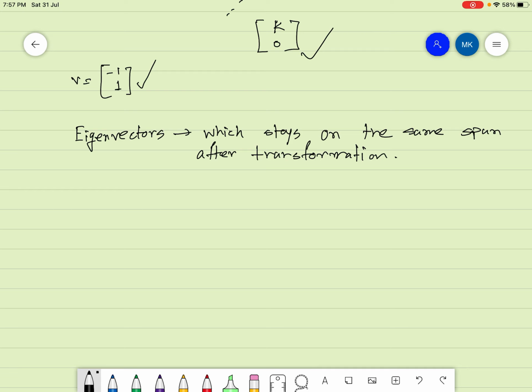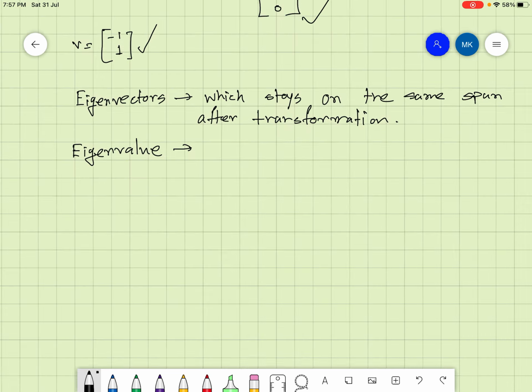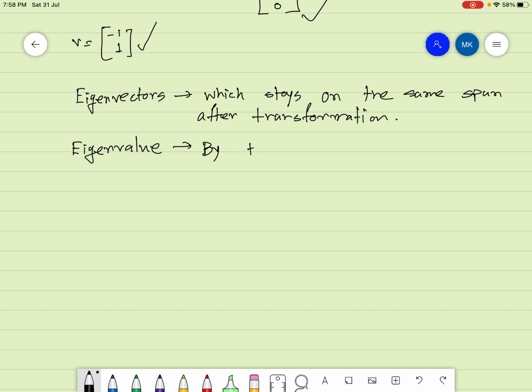Alright, so eigenvalues are the factor by which the eigenvectors get squished or stretched.